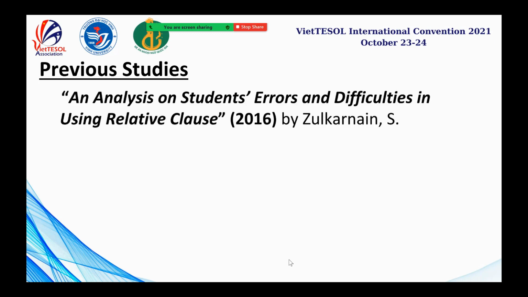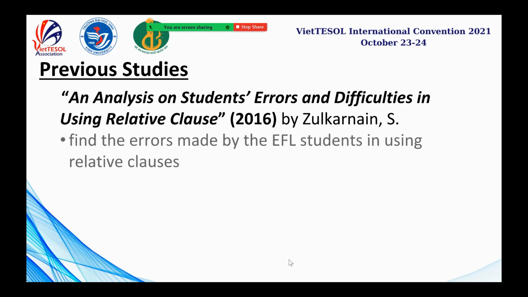Now you can see the article by Zuckerman called an analysis of students' errors and difficulties in using relative clauses, 2016. In this research, the researcher wanted to find out the errors made by EFL students in using relative clauses. And finally, they also wanted to figure out what makes the EFL students make errors.